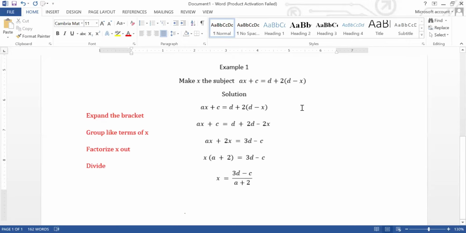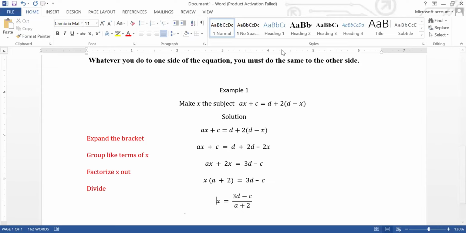Who is explaining to us? Okay, Benjamin, let's go. So we said we should make x the subject of ax plus c is equal to d plus 2 bracket open d minus x.